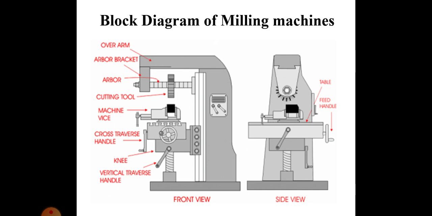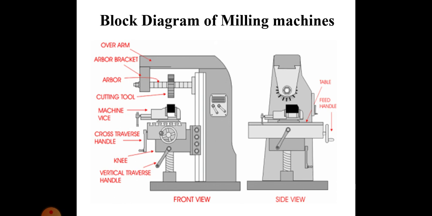But in the milling machine, the cutter has multi-point cutting edges, so the metal is removed from the workpiece at a very fast rate. So this is the principle of the milling machine.